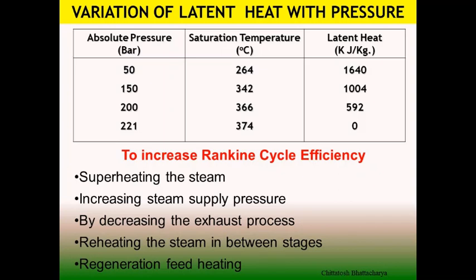In practical application of the Rankine cycle, we make the following modifications to improve the cycle efficiencies. The first one is definitely superheating and reheating, and the next one is increasing the steam supply pressure, and as far as possible we try to optimize the exhaust pressure from the turbine at the pressure at which heat is rejected in the CW system in the condenser.